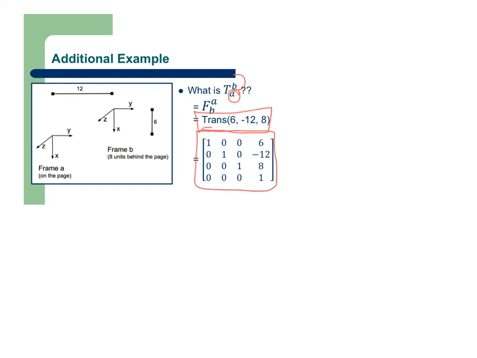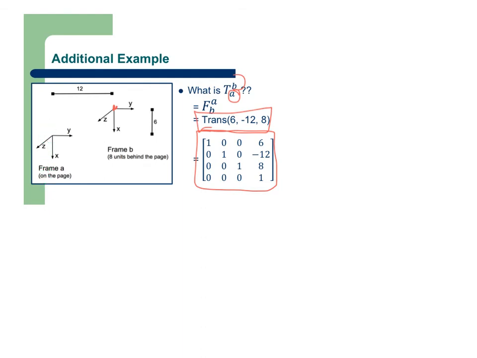Why don't we start with the origin of frame B this time? So I want to figure out where this point is. And remember that my homogeneous transformation is taking points from A to B. So I've got to know the location of this point in A coordinates. So let's figure that out. A coordinates has X pointing downwards like this.